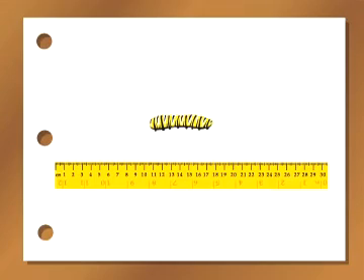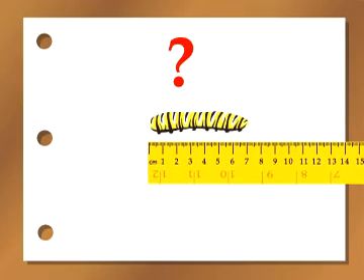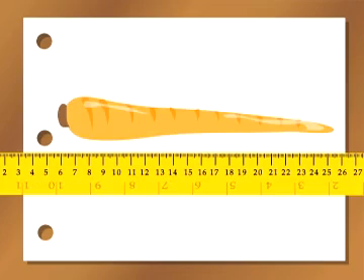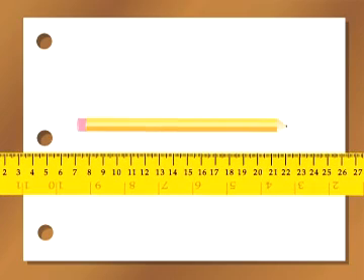How many centimeters long is the caterpillar? The caterpillar is 7 centimeters long. How many centimeters long is the carrot? The carrot is 20 centimeters long. How many centimeters long is this pencil?